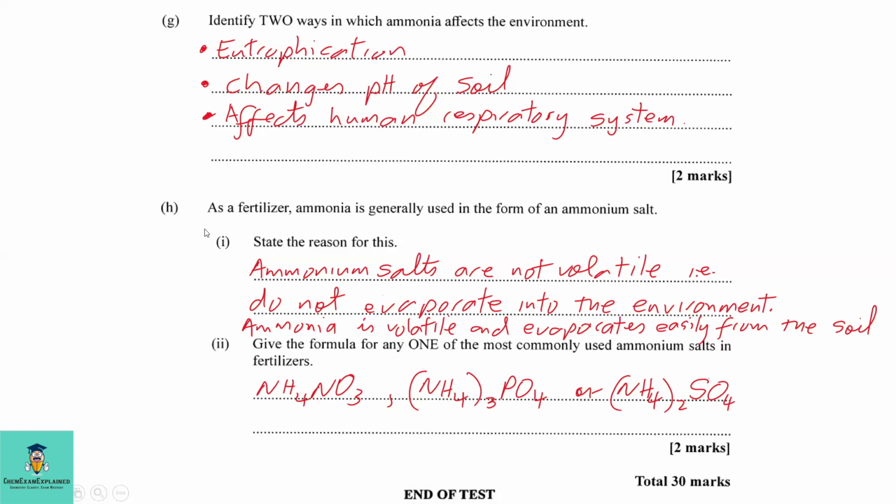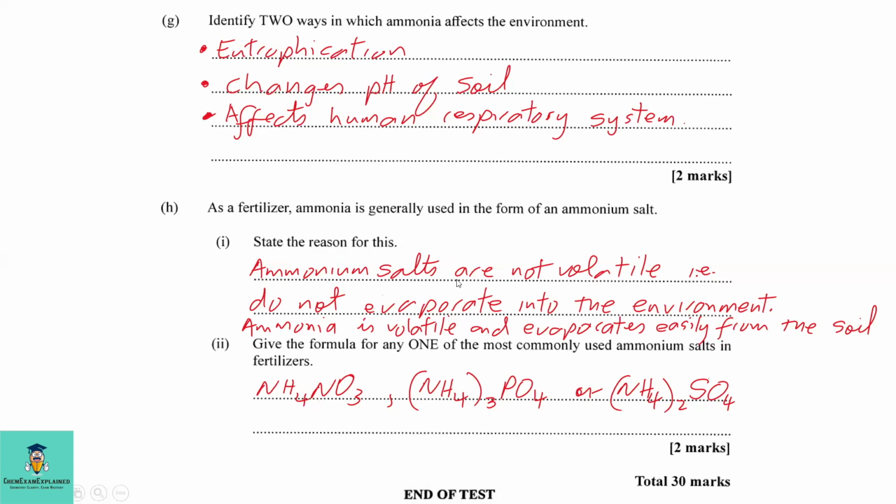Part H. As a fertilizer, ammonia is generally used in the form of an ammonium salt. Part 1. State the reason for this. So ammonium salts are not volatile, that is, they do not evaporate into the environment easily. However, ammonia, which is very volatile, would evaporate easily from the soil.